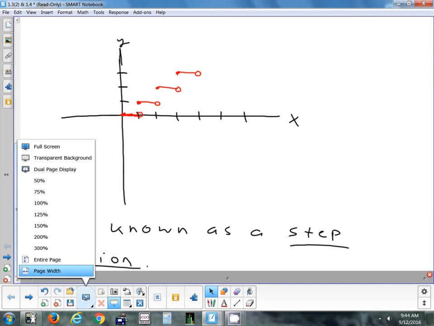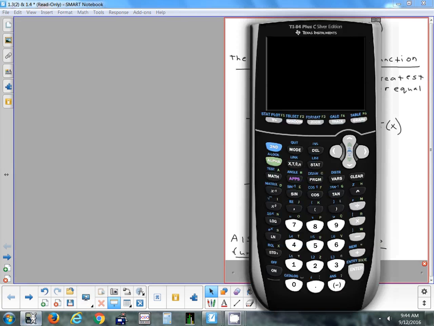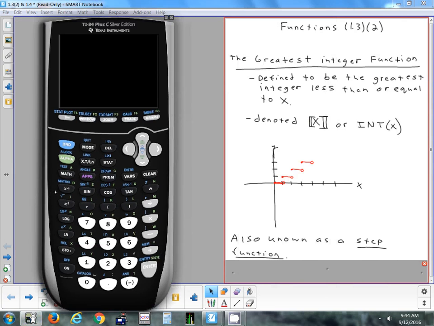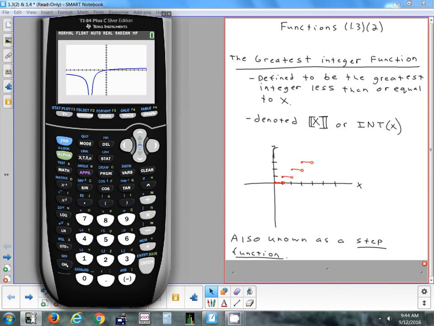Let me show you how we graph that. First thing, we turn the calculator on. Go to your y equals screen. If there's anything there, you can clear it out. You're going to go to math, go to number, and the fifth option down should be int.